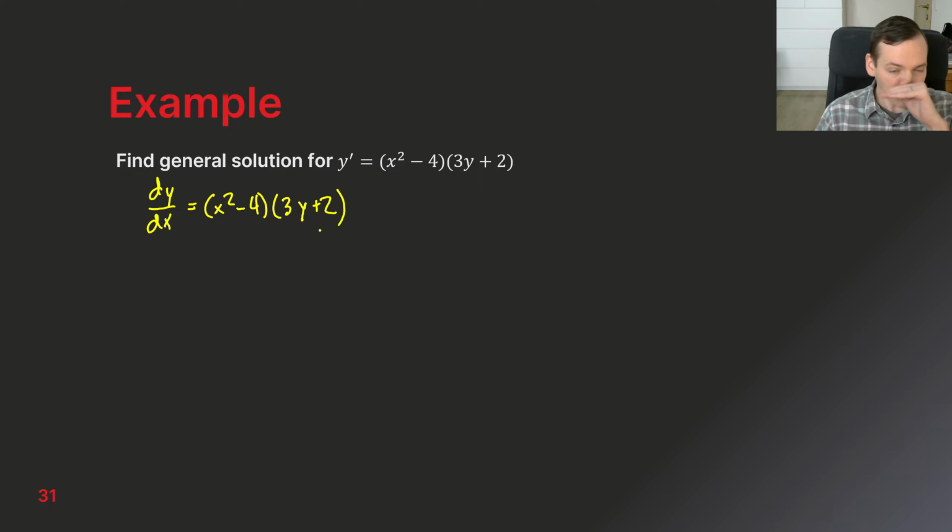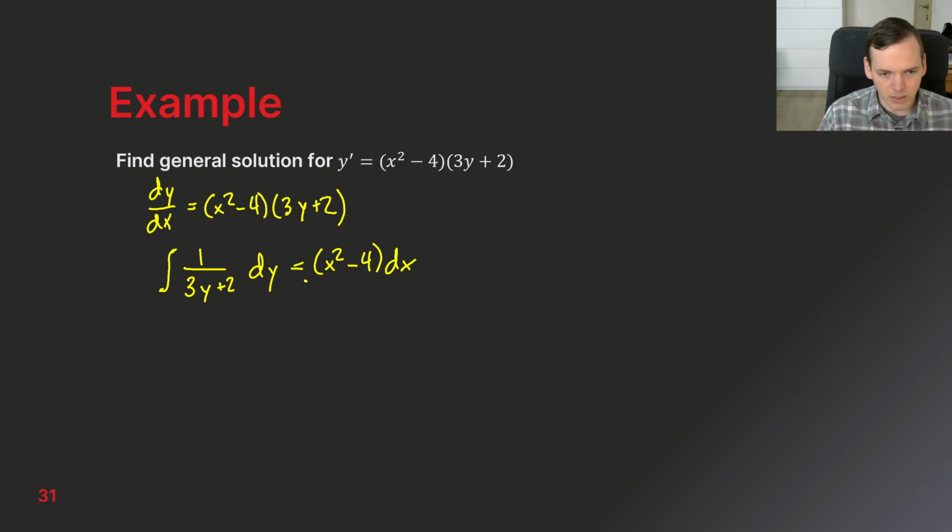Now I need to separate all of my y values from all of my x values. So I'm going to divide by 3y plus 2 on both sides to get dy by itself, and multiply both sides by dx to get x squared minus 4 times dx. Then I'm going to throw an integration sign on there to integrate both sides.